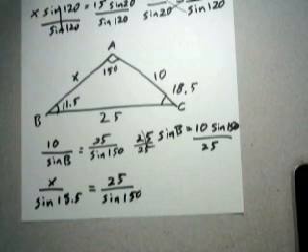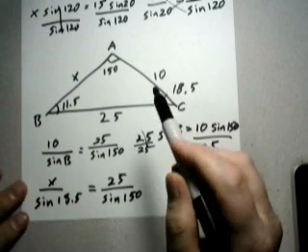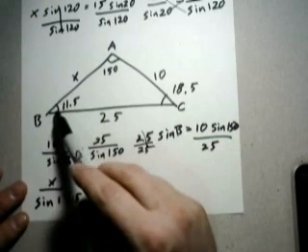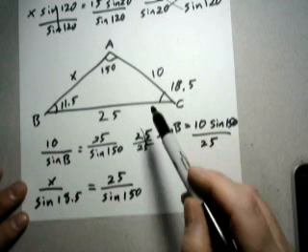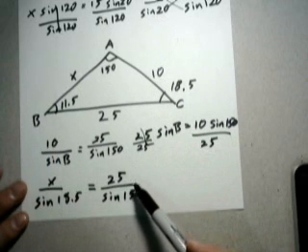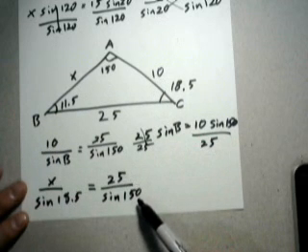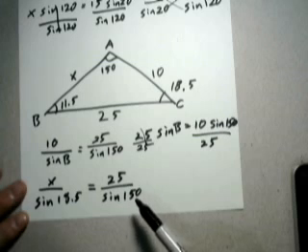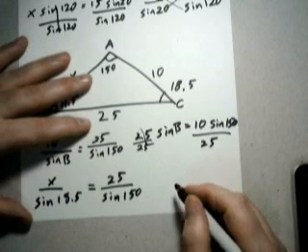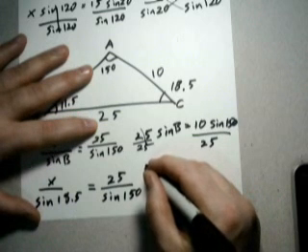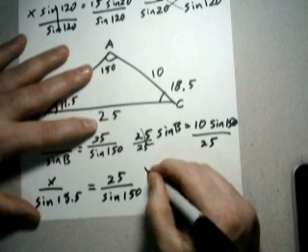Now I could have used this angle and that side if I wanted to. And right down here I could have put 10 and then the sine of 11.5. Either one will work. Then we cross multiply, and I'll algebraically solve this because I'm running out of room.